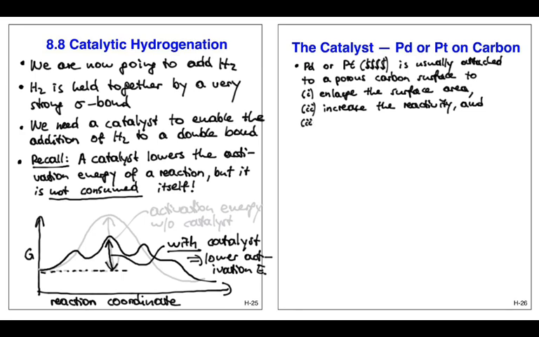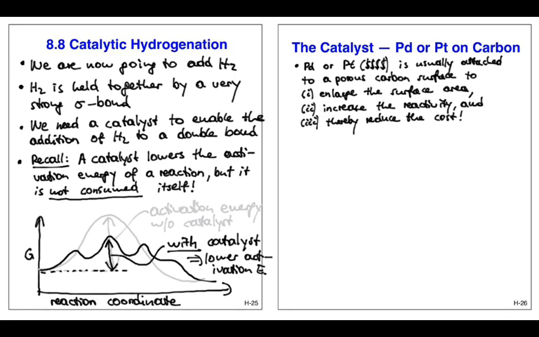And finally, this reduces the cost. These types of catalysts are very expensive just because very rare metals like palladium and platinum are involved.